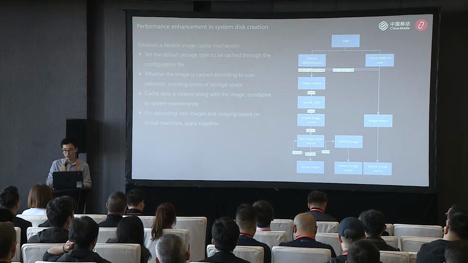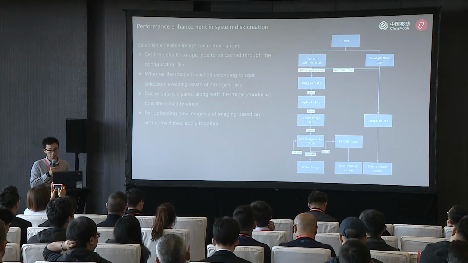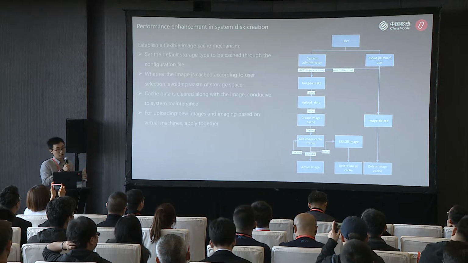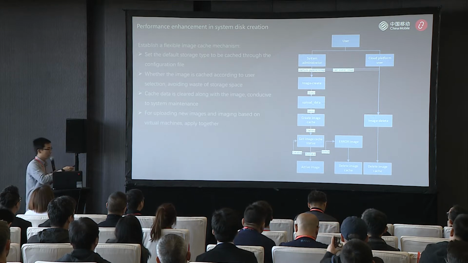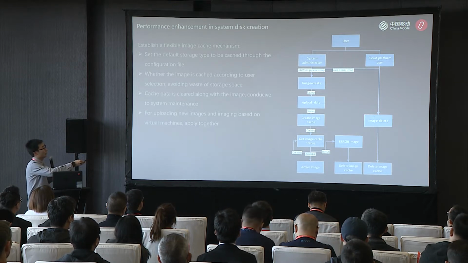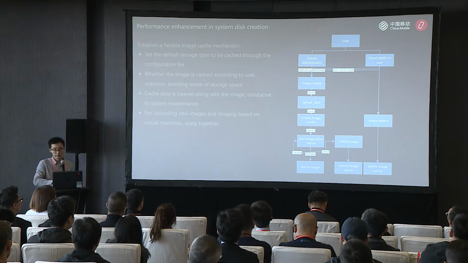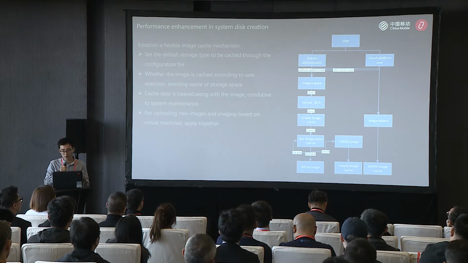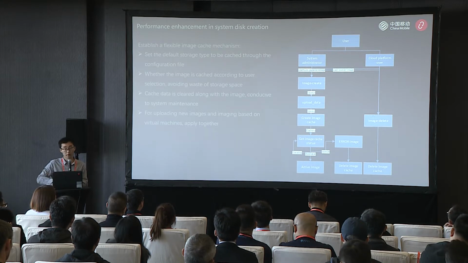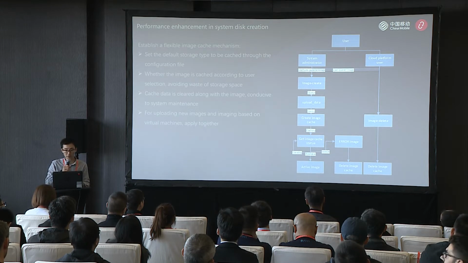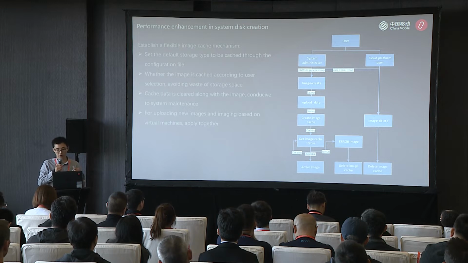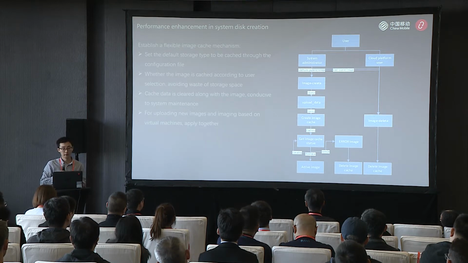Whether the image is cached is according to user selection, but public images will be operated by system administrators. Third, the cache will be deleted when clearing the image. In this case, both volumes will always use clone as long as the image is active.